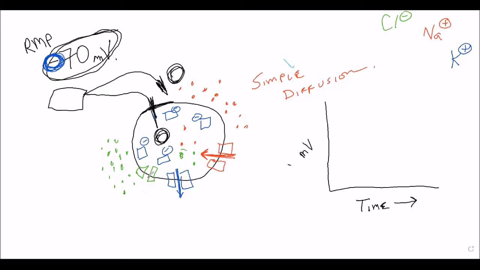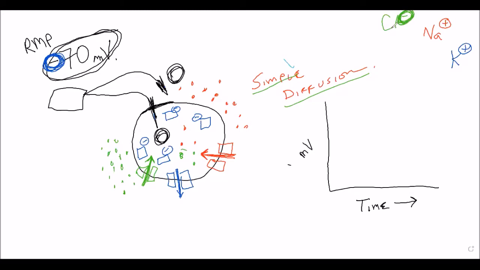Into the cell. Why? Because of simple diffusion. It's going to go into the cell. Now, it's the same concept, but it's going to be the opposite. If sodium goes into the cell, does that make the inside of the cell more negative or more positive?